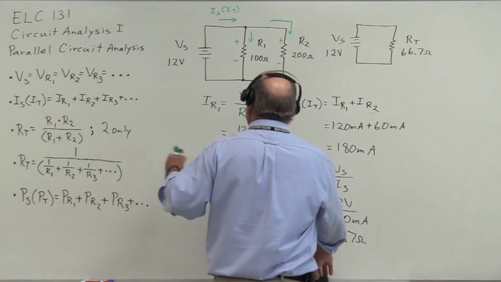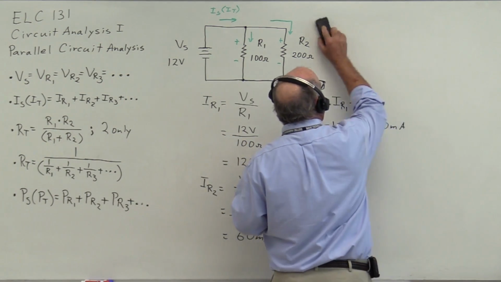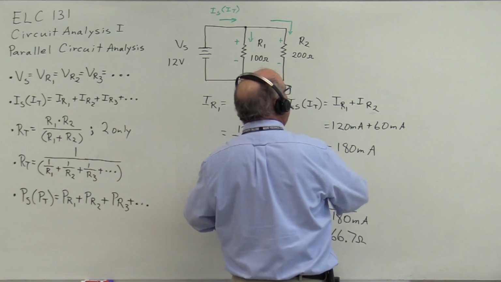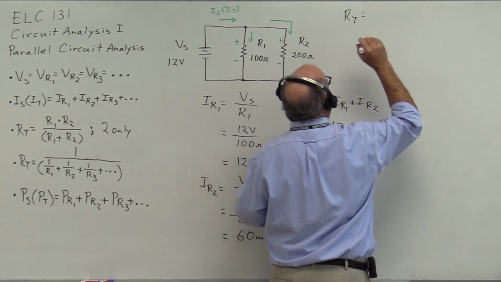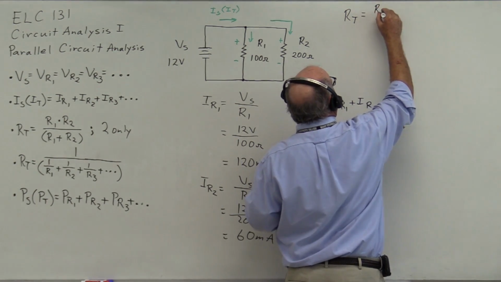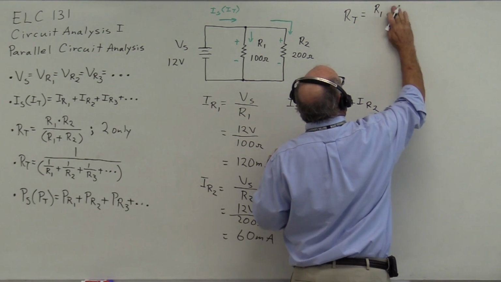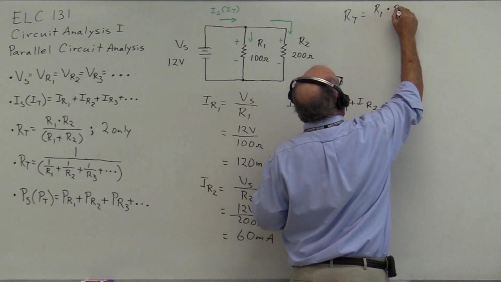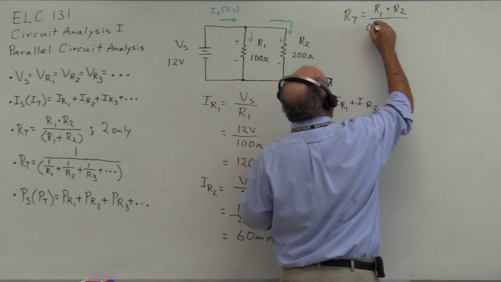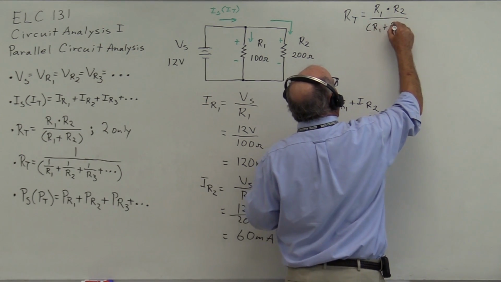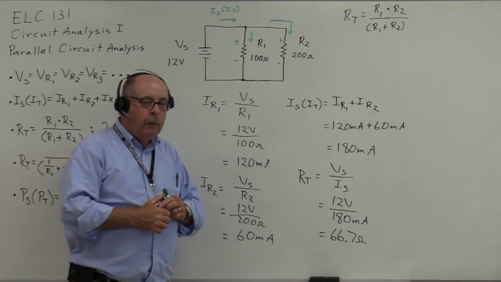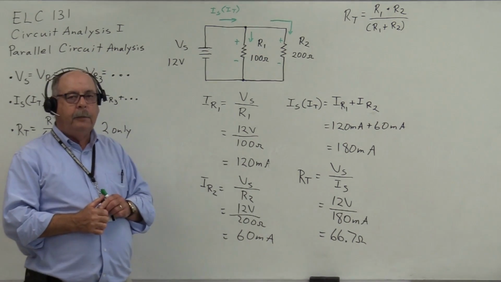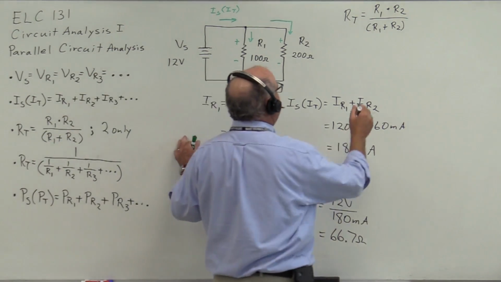Now let's look at the two equations that we have for calculating total resistance, and let's verify that they indeed work. And the first equation, of course, states that R total equals R1 times R2 divided by R1 plus R2.